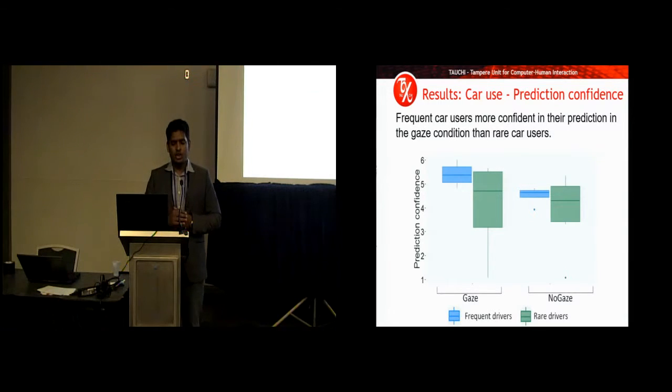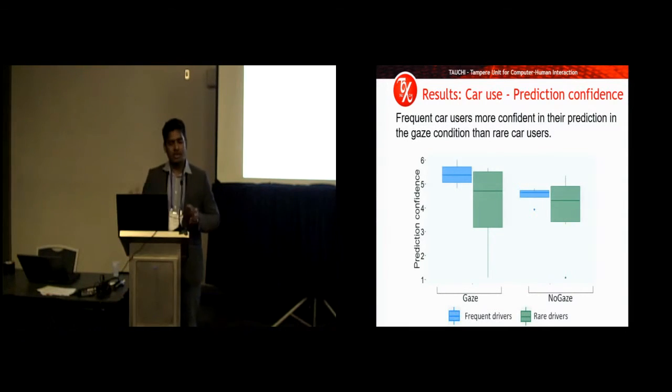We were also interested in how the experience of the participants in terms of driving influenced their use of the gaze overlay. In the background questionnaire, we asked the participants how often they drove a car on a scale of 1 to 5, and we classified them into frequent drivers and rare drivers by combining the first 2 and the last 3 of those Likert scale data.